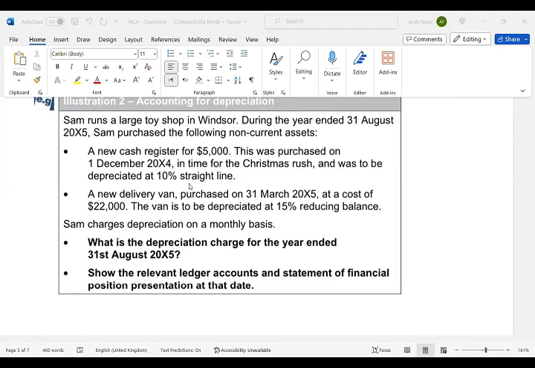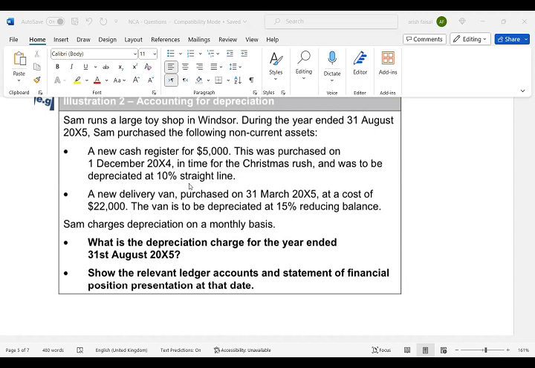So this means that this asset has not been there for one whole year with you. It was only for 9 months with you. And it was purchased at a cost of 5,000, and the depreciation policy chosen for this asset is straight line. On the other hand, you have a new delivery van also purchased on 31st March 2015. So that's only April, May, June, July, August.